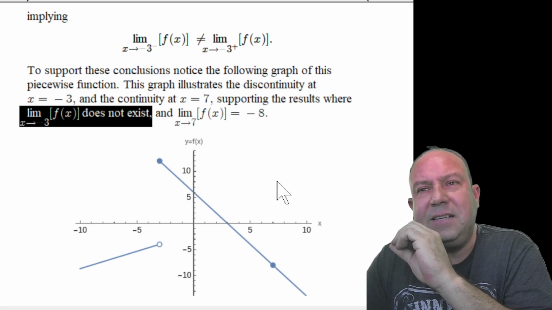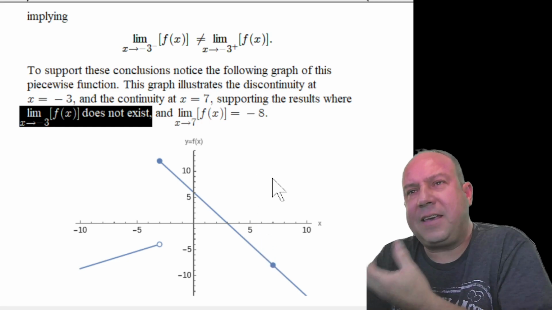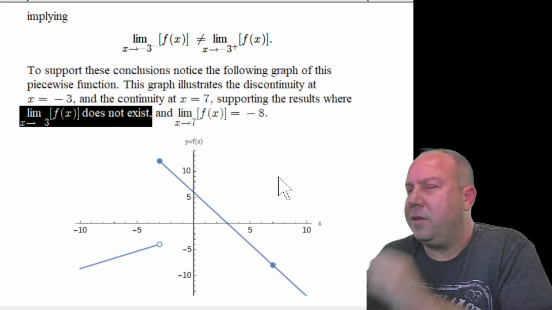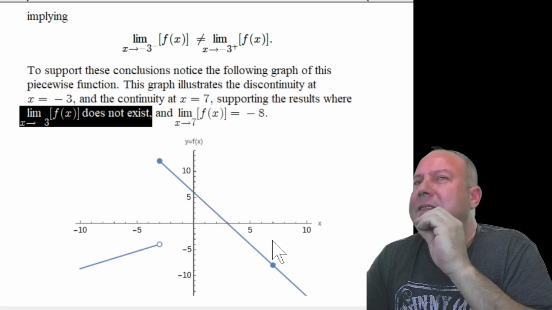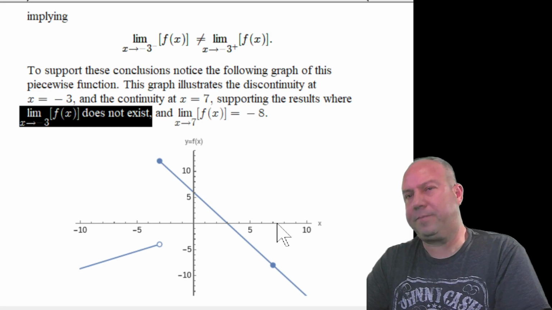If we have a solid dot up here instead of down here, and this was a hollow dot, that function would be defined up here. The limit would exist down here, but the two would not be equal to each other. And then in that case, we would have discontinuity. The limit would still exist, but we would see discontinuity in our graph.